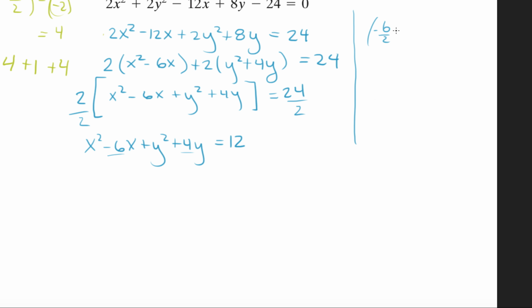negative 6 over 2 squared is negative 3 squared, which is 9. So for x, we're going to add 9 on both sides.